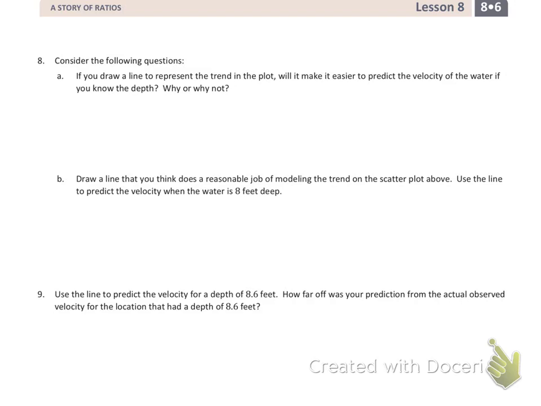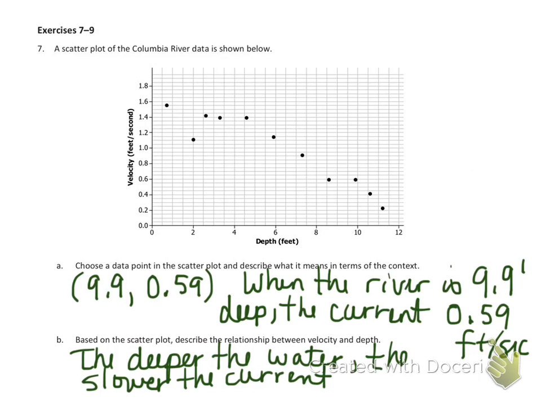Okay, question 8 asks us to consider a couple other questions. If you draw a line to represent the trend in the plot, will it make it easier to predict the velocity of the water if you know the depth? Why or why not? So again, let's look back at our graph. We already looked at this data point and said, even though we measured for one depth of 2 and it came down here, it seems more reasonable that it would fit up here.